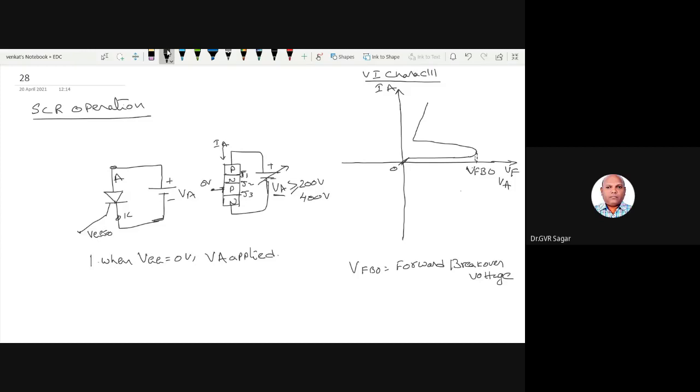Up to this voltage, the region is called the forward blocking region. Up to this region, there is no question of conduction, which is why it is called the forward blocking region.